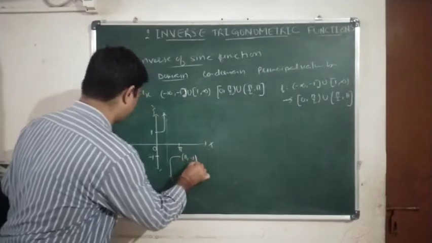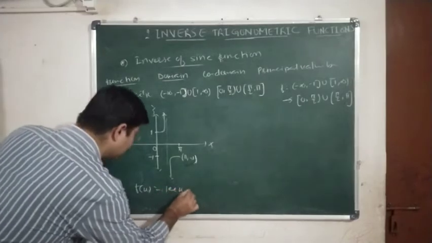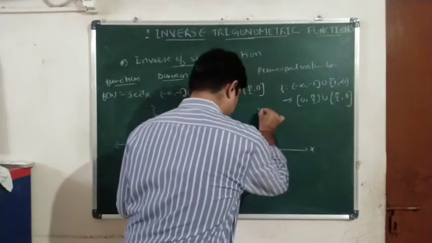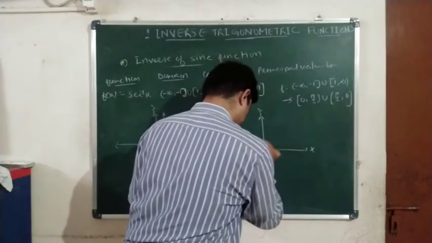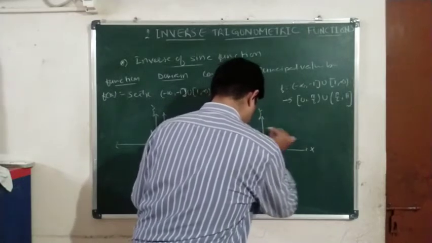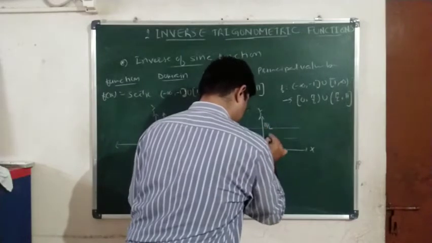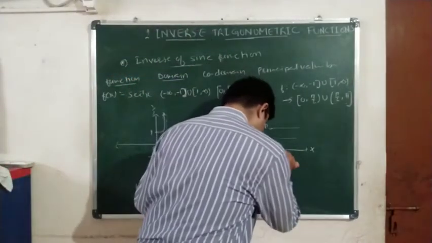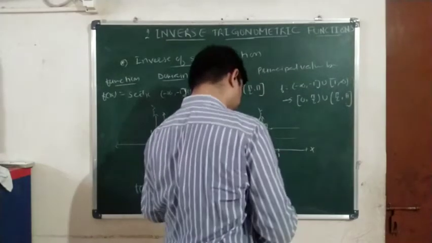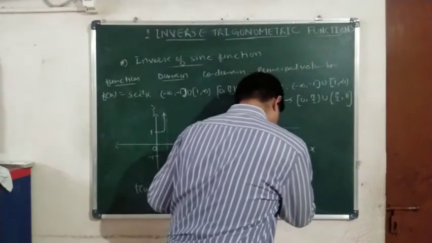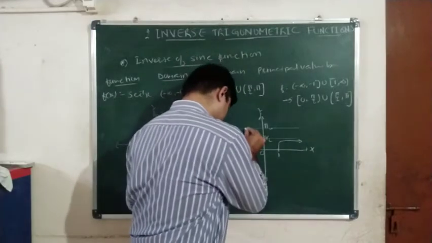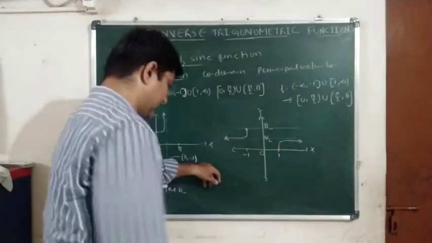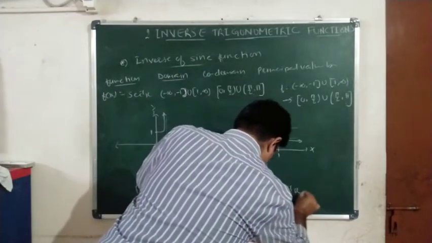So this is the graph of sec x, f of x is equal to sec x, and for sec inverse x, okay, this is the graph for f of x is equal to sec inverse x. Clear?